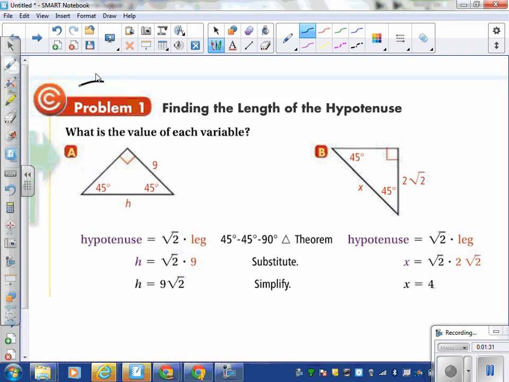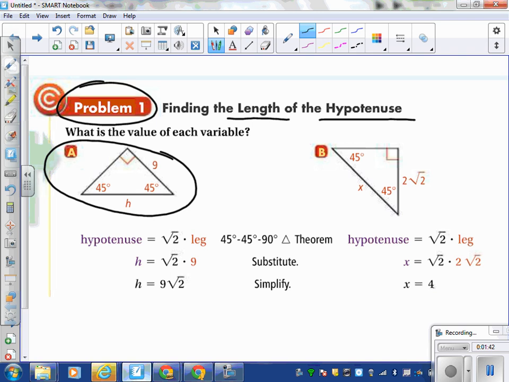Let's take a look at problem 1. We want to find the length of the hypotenuse. Using the theorem we just went over, we have this triangle where they give us the side is 9, and they want us to find the hypotenuse. What kind of triangle are we given? We're given a 45, 45, 90 triangle. How do we find out what the hypotenuse is? We know that it's the square root of 2 times the leg.